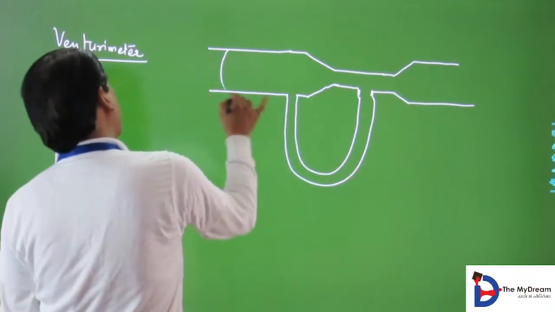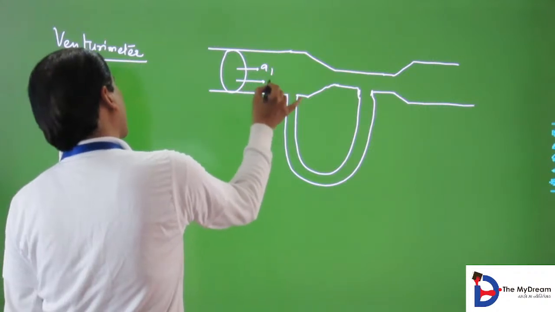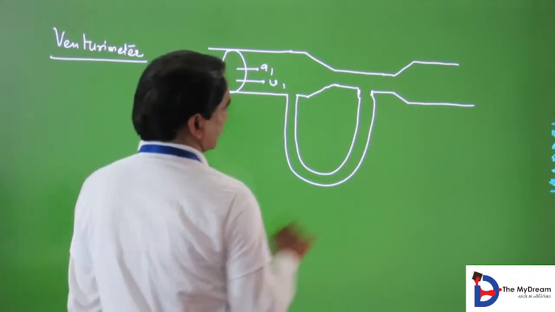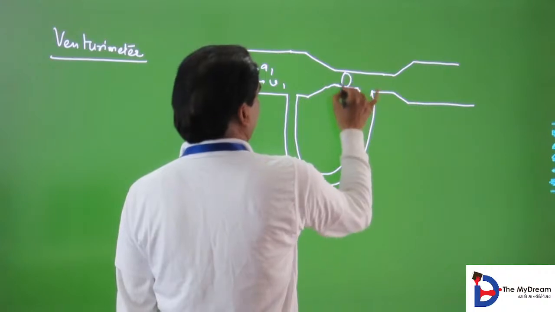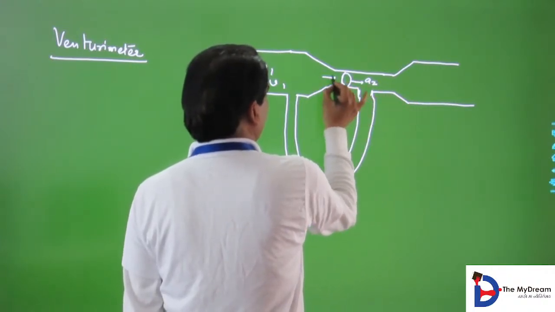Here the area of cross section is A1, velocity is V1. Here the area of cross section is A2, velocity is V2.